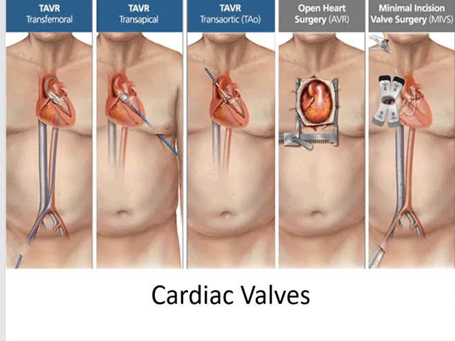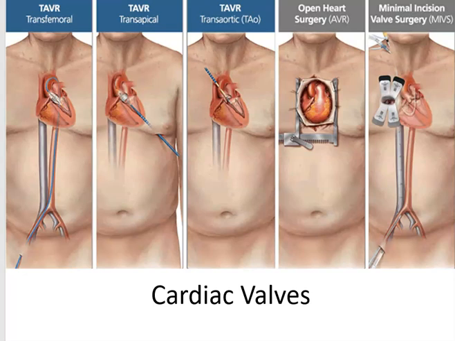So as it relates to the transcatheter approach to these procedures, that's what the T is for. This is when the patient has a procedure that actually allows a team of physicians the ability to place a new valve within the patient's diseased valve.